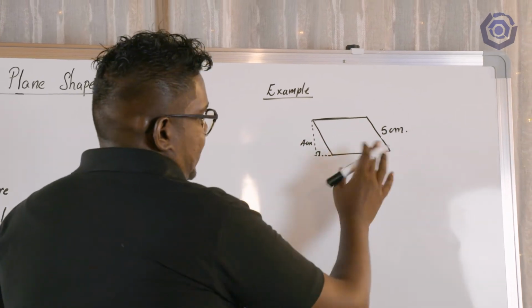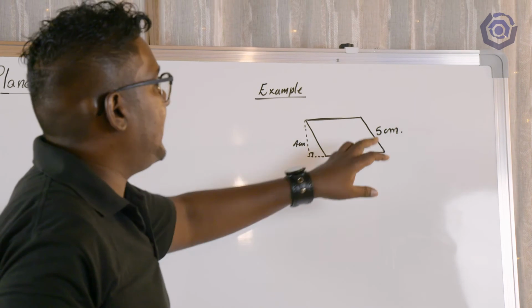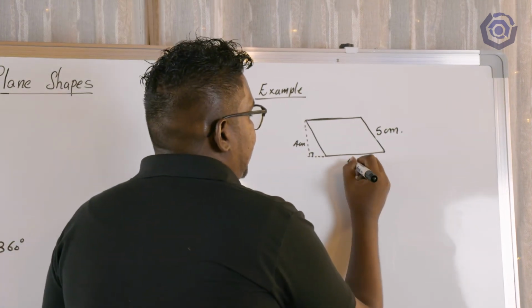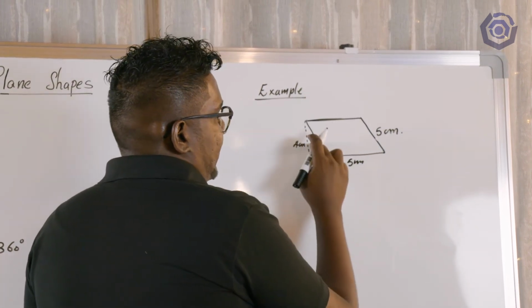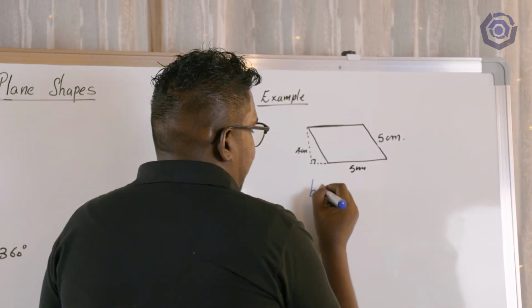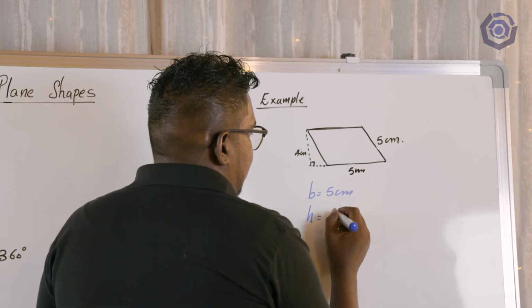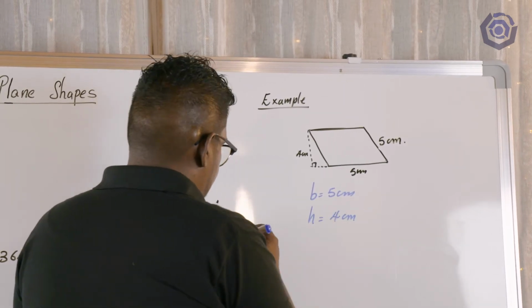But if you notice, there's no base. But since we said that all the sides are equal, if this is 5, then here is also 5 cm. The top is 5 and across here is also 5 cm. So our base, which is B, is 5 cm and the height is 4 cm.